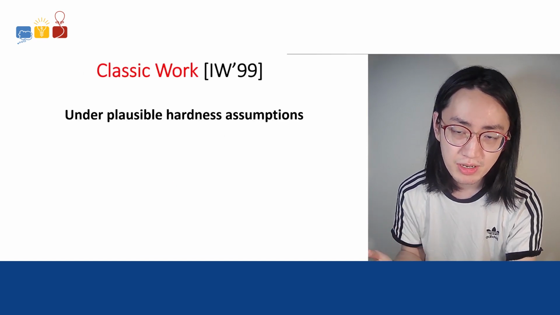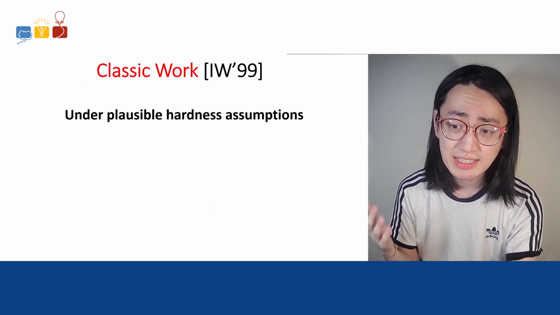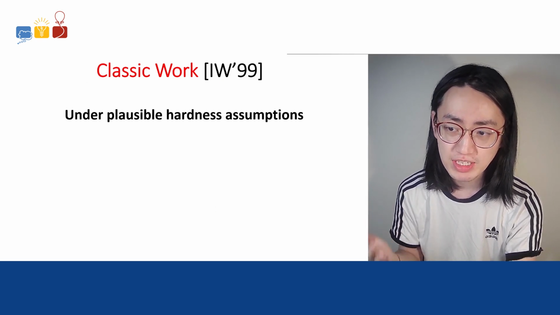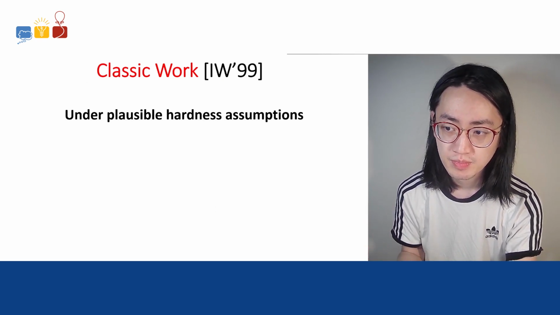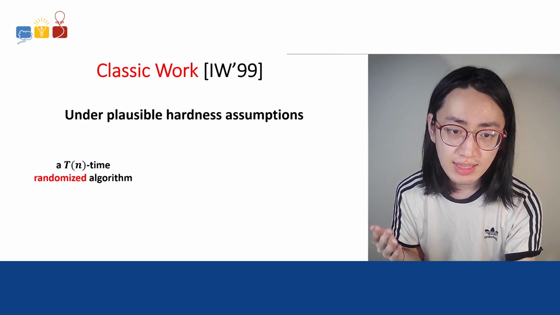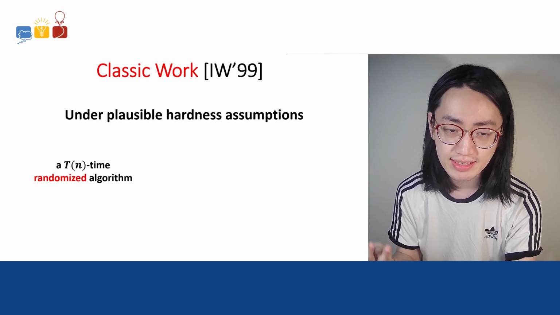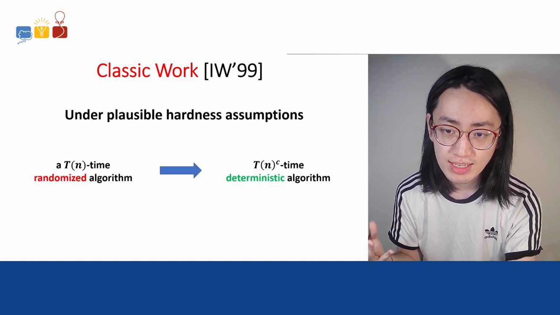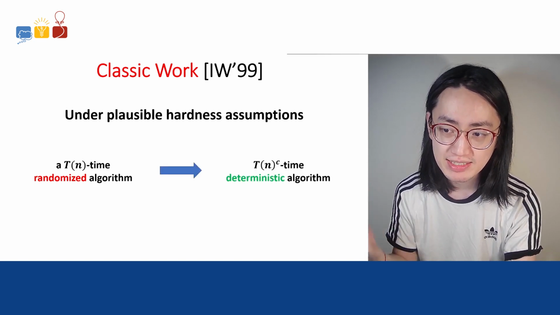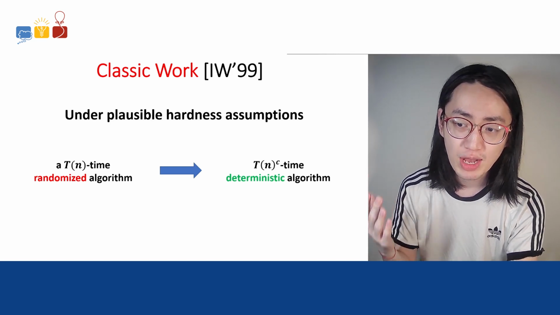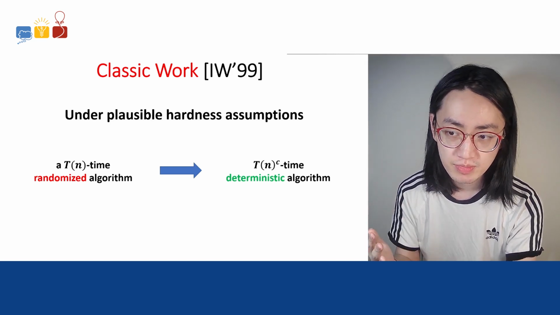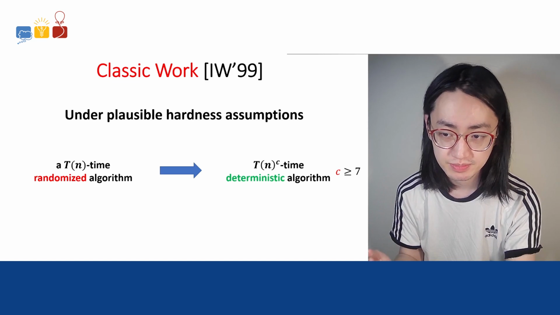Under some plausible hardness assumptions, the classical work by Nisan–Wigderson and Impagliazzo–Wigderson showed that a T(n) time randomized algorithm can be derandomized to an equivalent T(n)^c time deterministic algorithm for a constant c, which is at least 7.